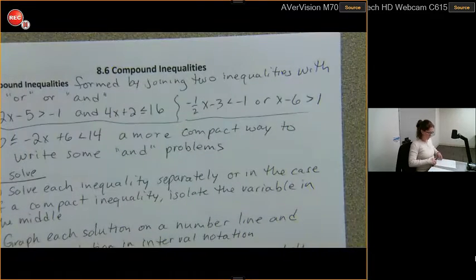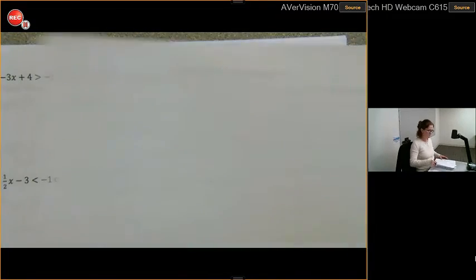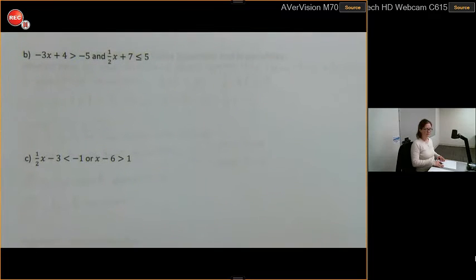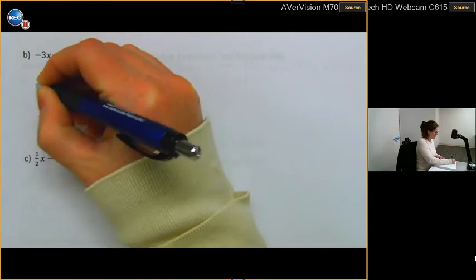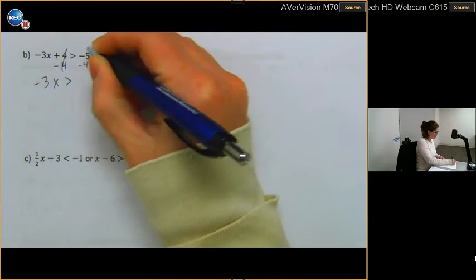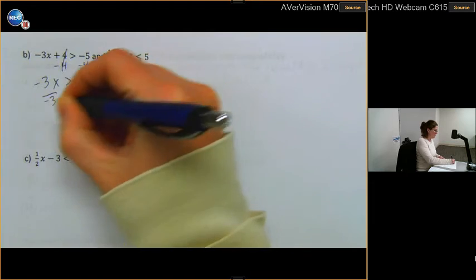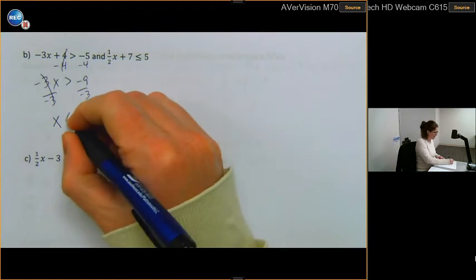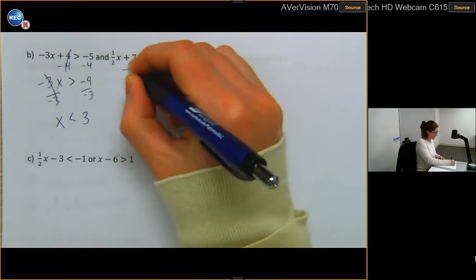Now we're going to do a whole bunch more of these. So we're going to solve. Don't forget the extra rule when solving inequalities: if you divide or multiply by a negative, you have to change the direction of your inequality sign.